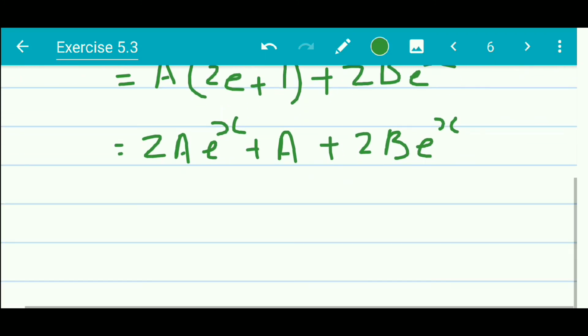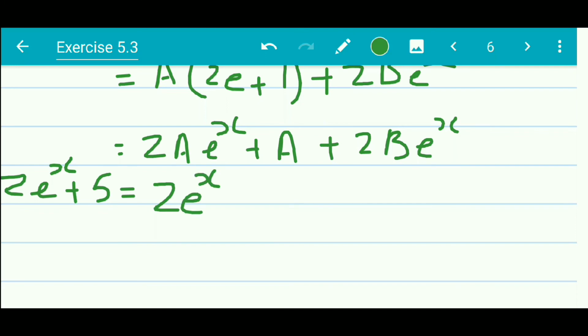Then we write the LHS so that it becomes easier to do the sum. So 2 e raised to x plus 5 is equal to, now on the RHS we take the e raised to x terms common. We can even take 2 common there because 2 e raised to x is there on both the sides. So 2 e raised to x we take out common.